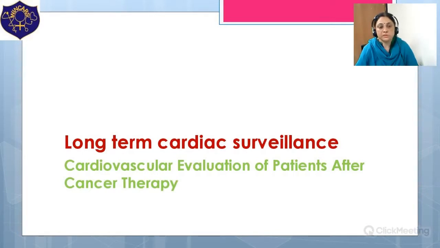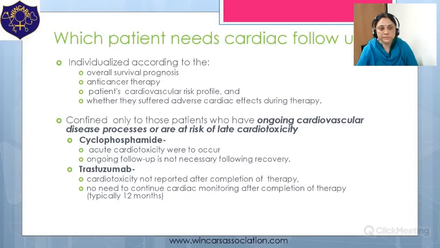Which of these patients require a long-term surveillance? This depends upon the overall survival and prognosis of the patient, the cancer therapy which the patient has received, the patient's cardiovascular risk profile, and whether they suffered adverse cardiac effects during the therapy.